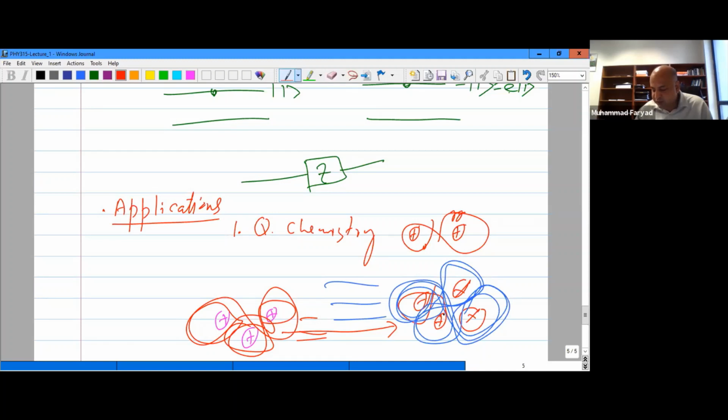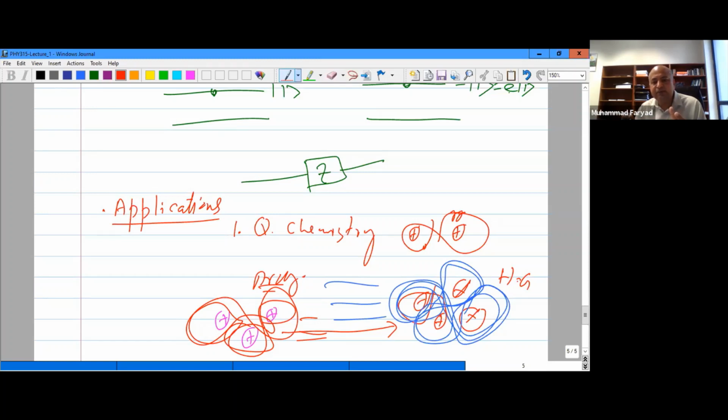So this is one example. This is hemoglobin, and this is some drug. So the computation of energy levels of these molecules is an extremely important part of quantum chemistry and quantum biophysics.